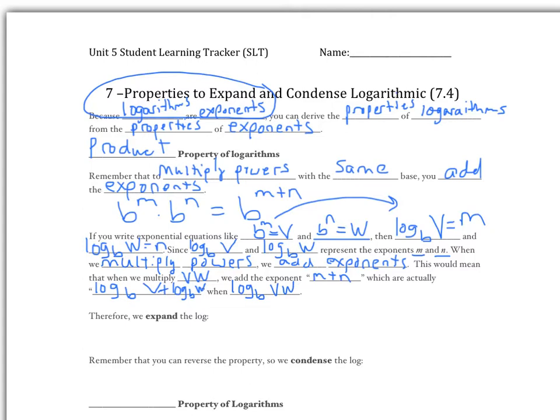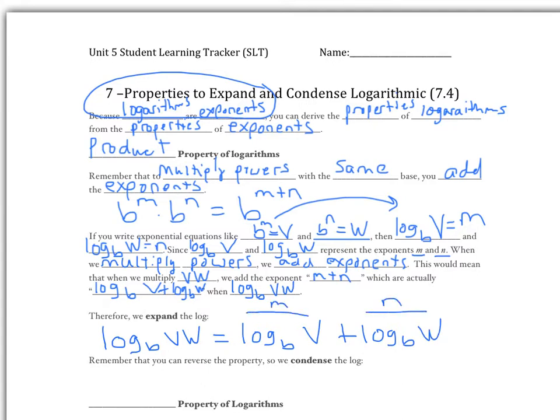Therefore, when we expand the log, so if we have log base b of v times w, we get log base b of v, that's the exponent for the v piece, plus the log base b of w. So this part is the m, and this part is the n when we multiply two things together.